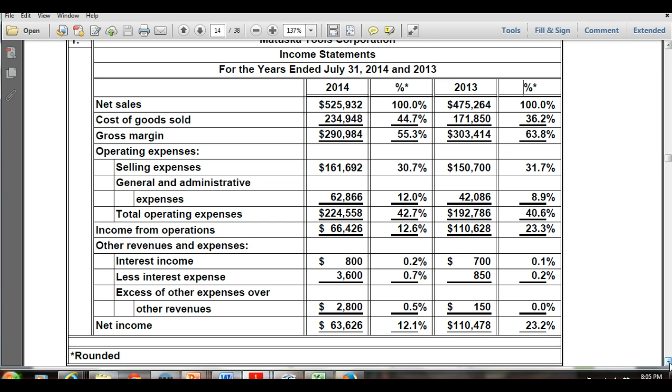Now, also, if you look at our general administrative expense and our operating expenses, both of them jumped, one 3%, one 2%. So this is showing me that they either didn't have a handle on their costs, or the market's more competitive, could be what it's telling me too.